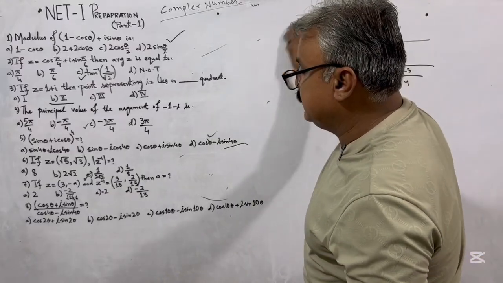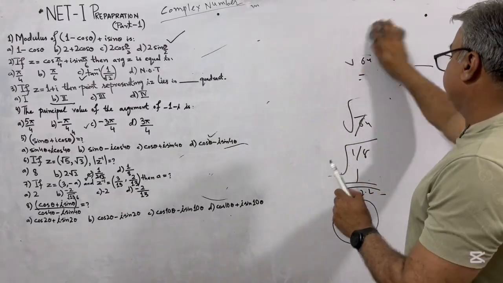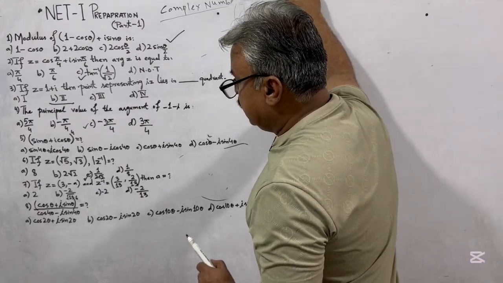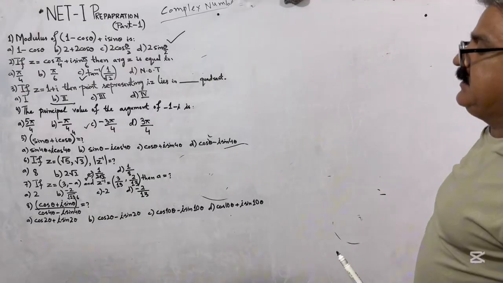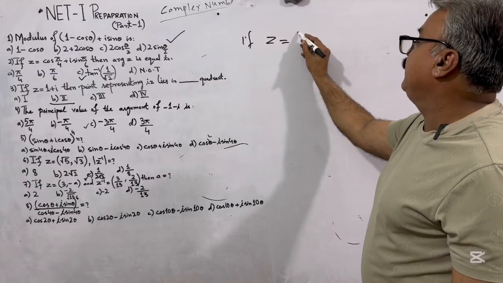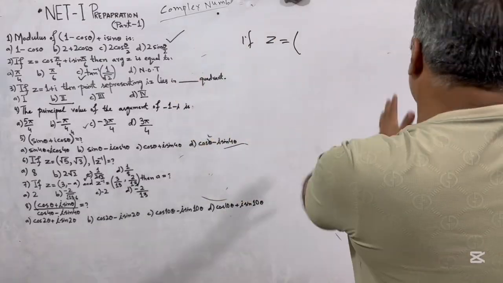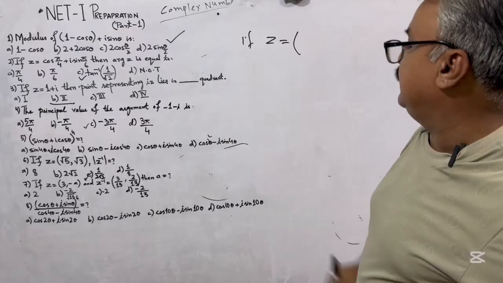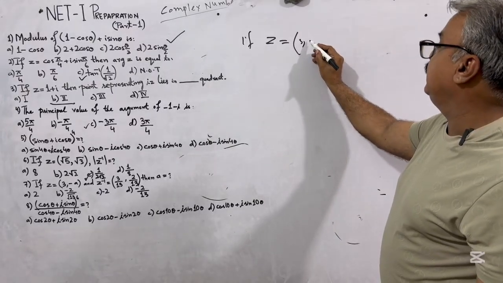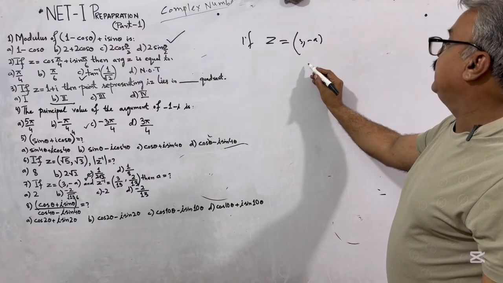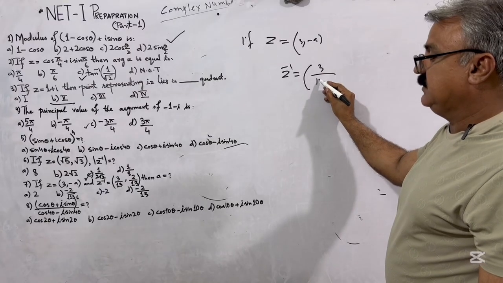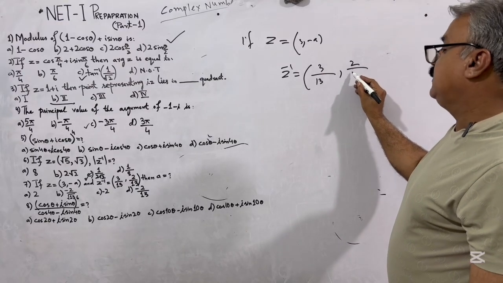Moving towards question number 7. What does it state? We are given z equals 3 minus ai, and z inverse is given to us as 3 over 13 plus 2i over 13.